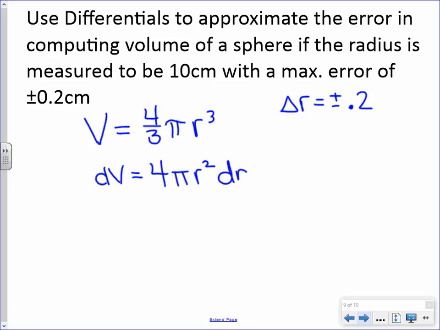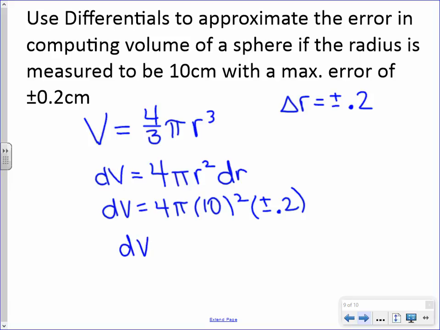Okay? So, our radius is going to be 10, and we decided our dr was plus or minus 0.2. We have 10 squared, which is 100, times 4, which is 400, times 0.2, which is 80. So we have 80 pi.